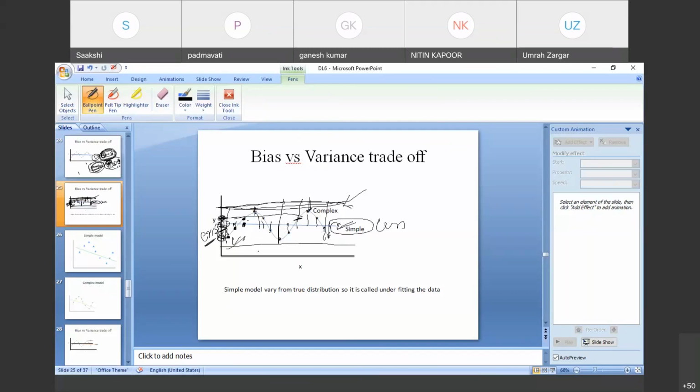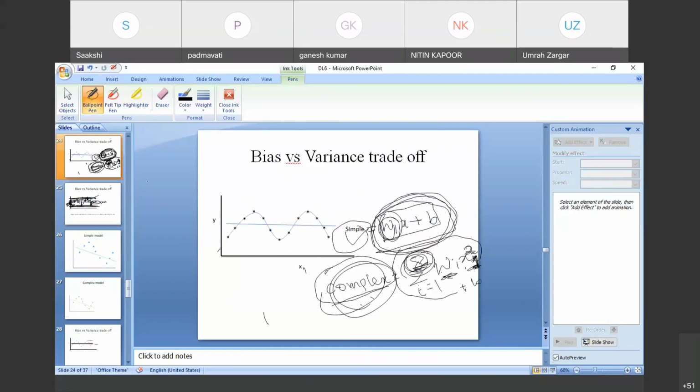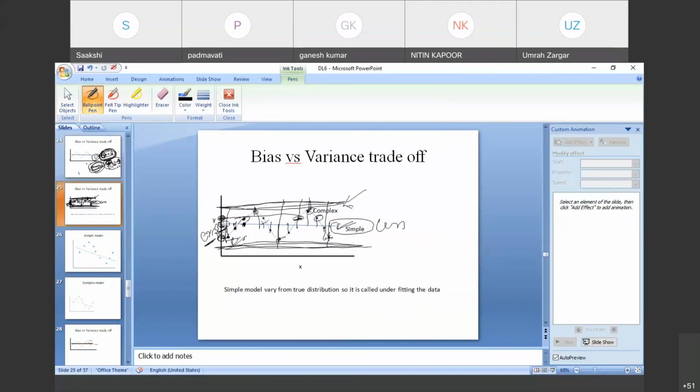Similarly, with another line, it may give the least error for these three, but because I need to take the average over all training data points, the error rate will be very high.